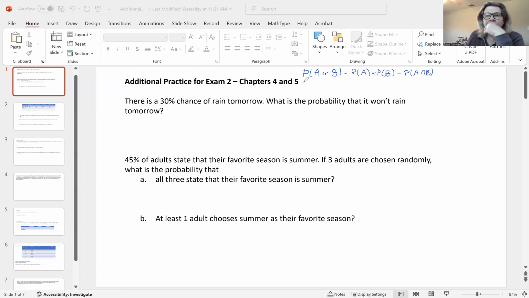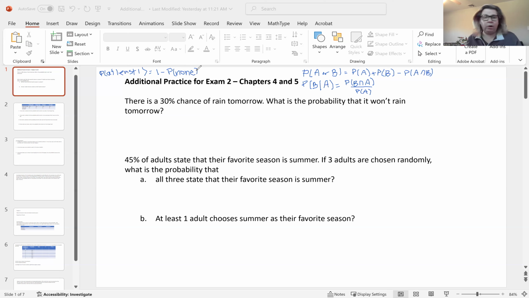You're also given the formula for the probability of B given A, which you're going to use a couple of times: the probability of both occurring divided by the probability of A occurring, the given part. And lastly, you're given the probability of having at least one, which we've done a couple of times: 1 minus the probability of having no occurrences, or 1 minus the probability of none.